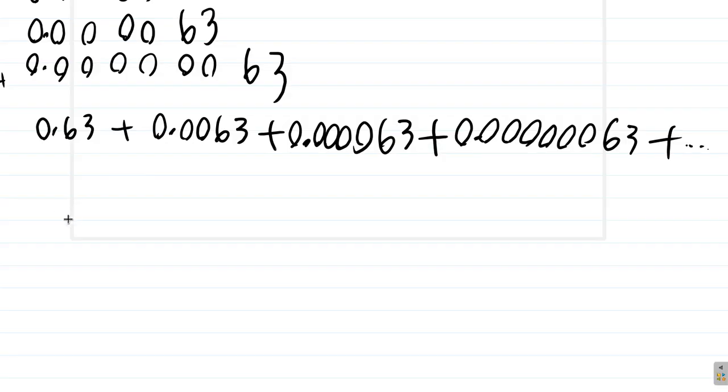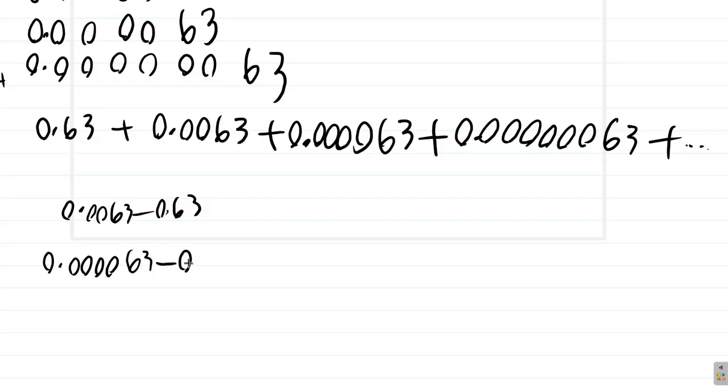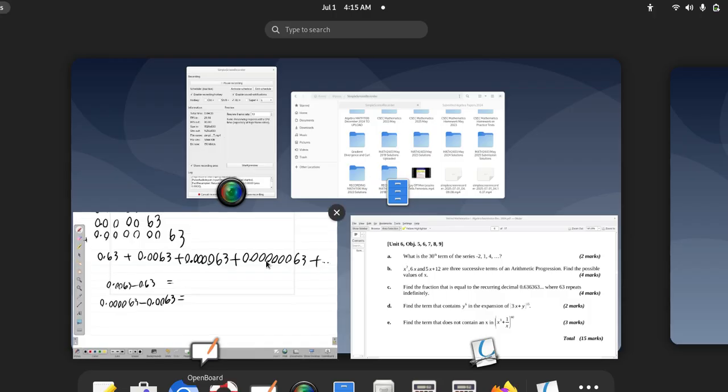Let's test it. What is 0.0063 minus 0.63? And we find out if it is equal to 0.00000063 minus 0.0063. What will these give us?